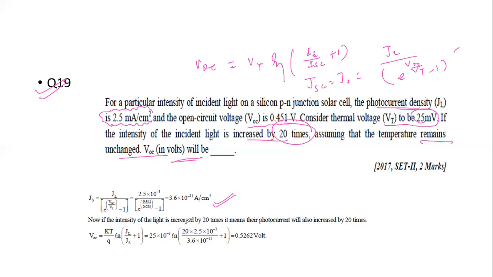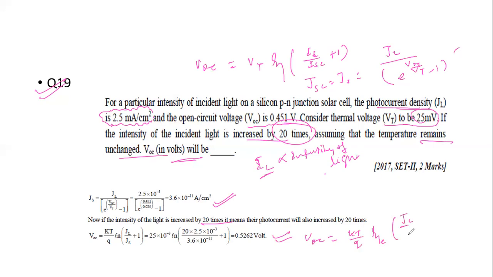Now, if the intensity of the light is increased by 20 times, then IL is directly proportional to the intensity of light, so IL is also increased by 20 times. Now the VOC becomes VT ln(JL/JS + 1), which is KT by Q ln.